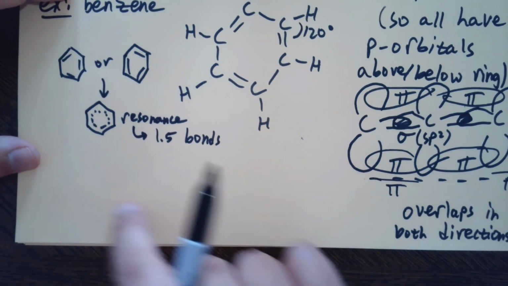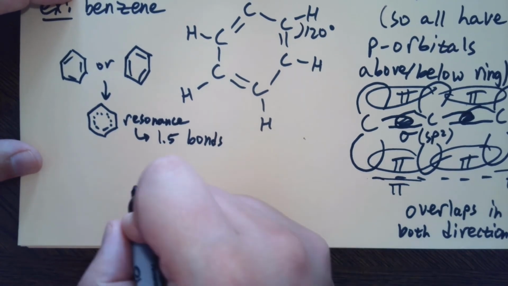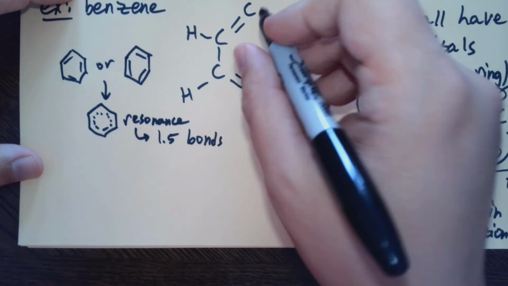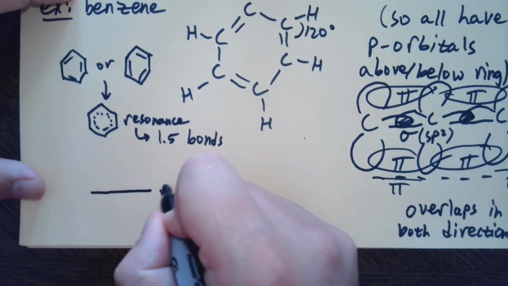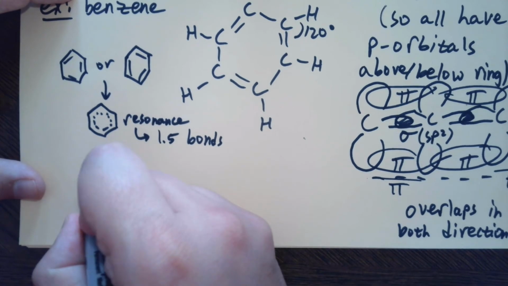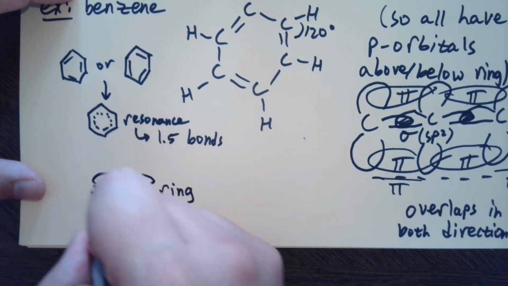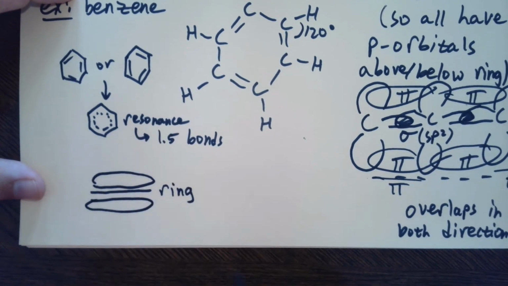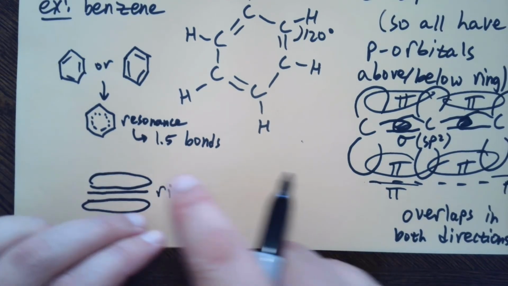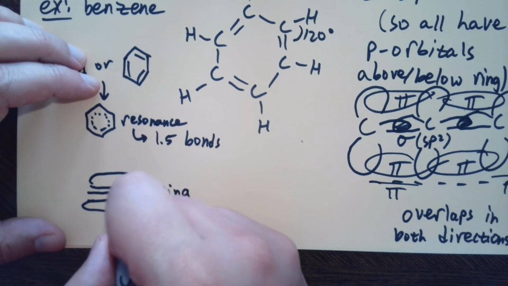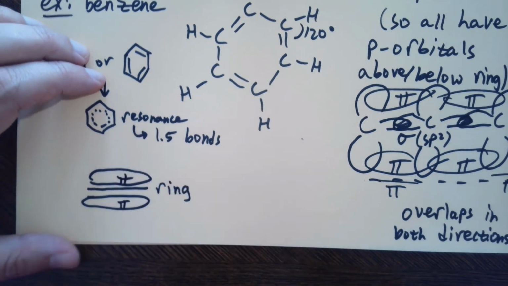So if we look at the ring, let's say the ring is flat. There are pi bonds that run the whole length of it, above and below, half and half. And that's what a conjugated pi bond is.